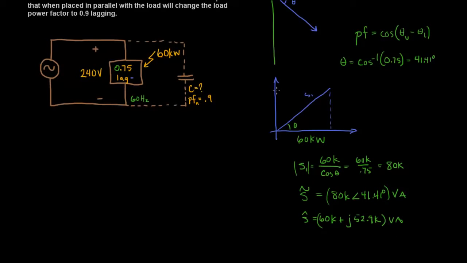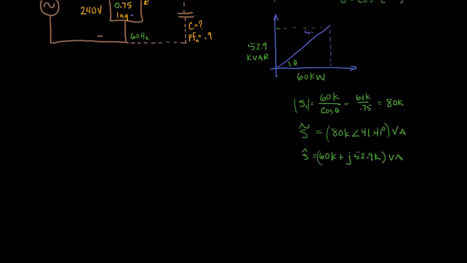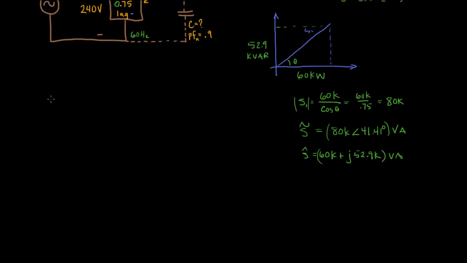Okay, so now we filled in all of the missing pieces of our puzzle. And we're ready to move on to the power factor correction. So what I'm going to do first is redraw that triangle really quickly so that it's a little bit bigger and easier to see.